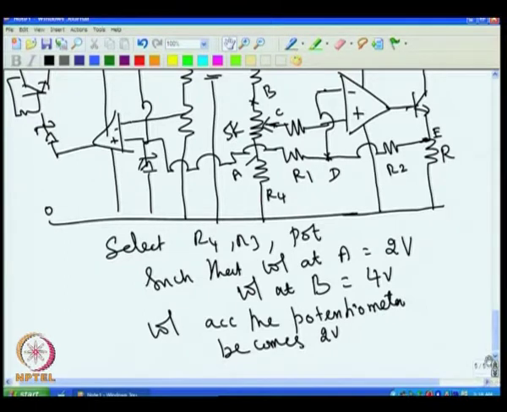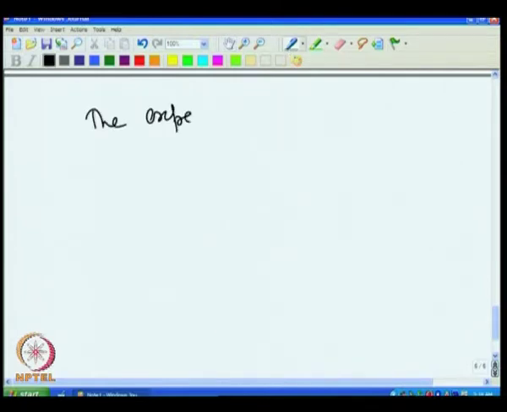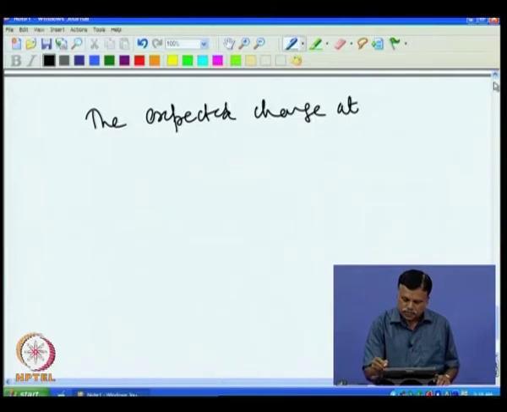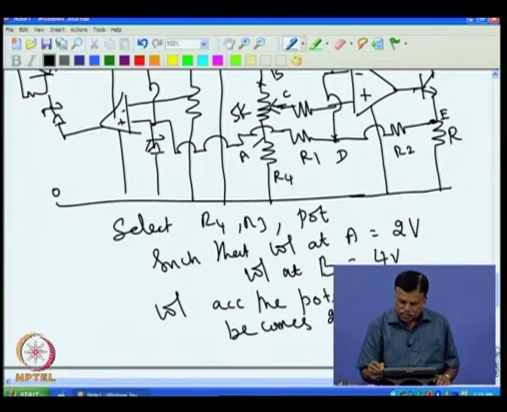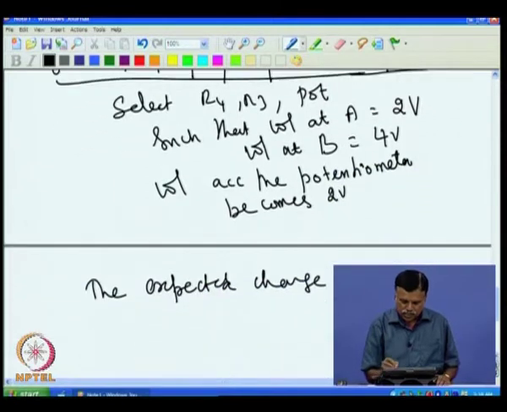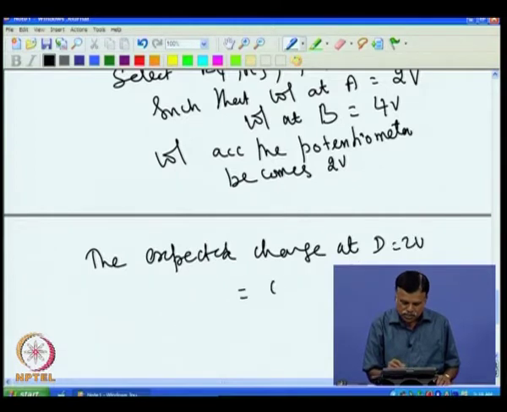The expected change at D is equal to 2 volt, that is equal to the change at C.